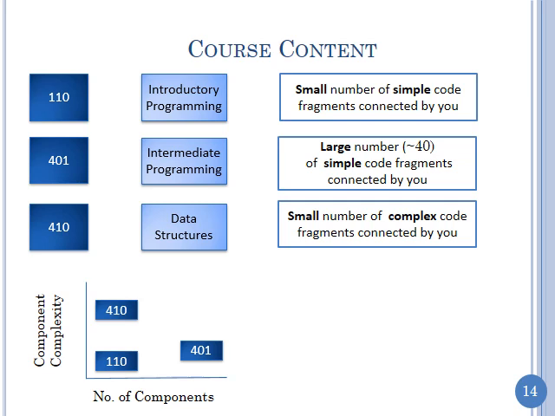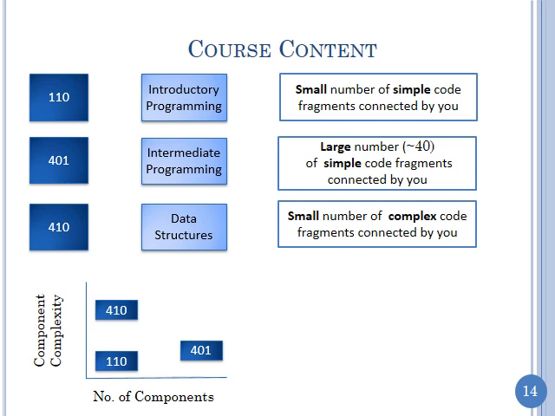So in some sense, both 401 and 410 require 110 because they extend in different dimensions, but they're really independent of each other. And for the longest time, I've been telling my colleagues, let's not make 401 a prerequisite of 410.